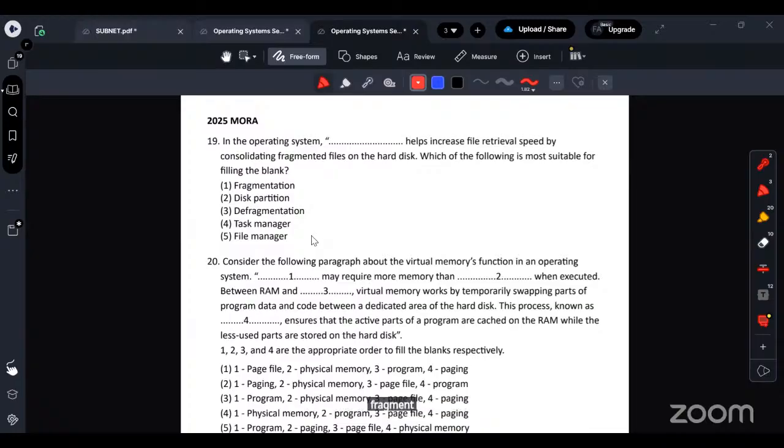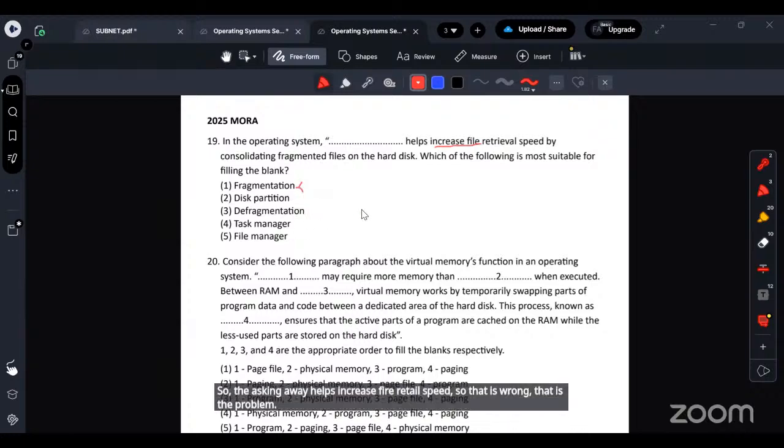Fragmentation. Fragmentation is the problem itself. What is fragmentation? Files are scattered in non-contiguous pieces across the disk, which actually slows down the retrieval speed. The question asks what helps increase file retrieval speed, so that is wrong. That is the problem actually.